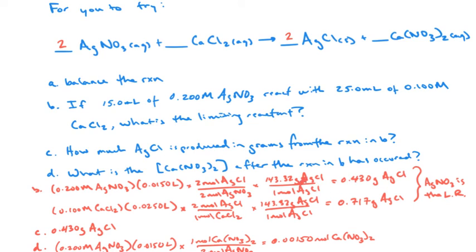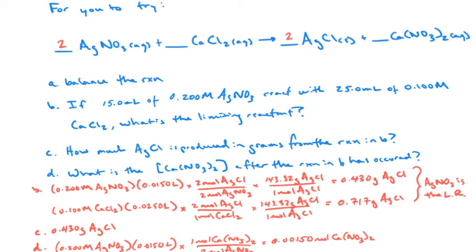Which means that the first one is going to limit how much we can make. Our AgNO3 made the least amount, so that's all we can make from this setup in B. So AgNO3 is the limiting reactant. 0.430 grams would be my answer in C. That's how much I could make as a maximum.